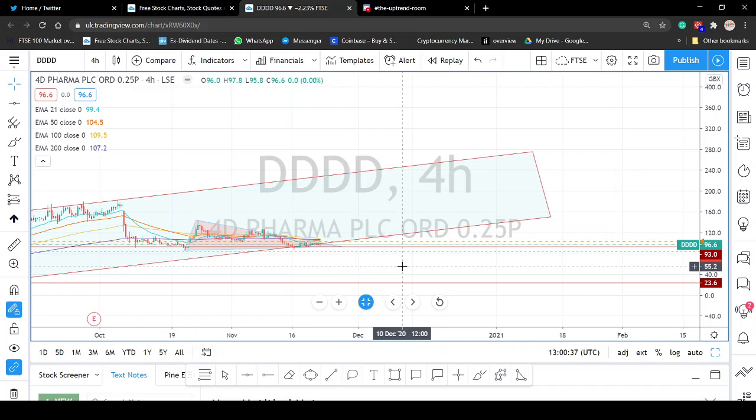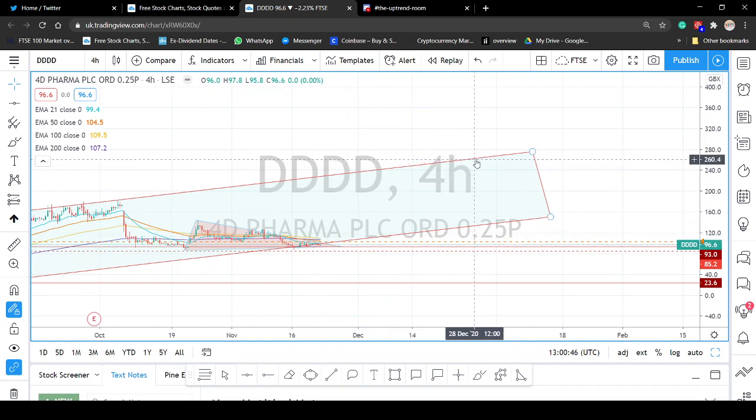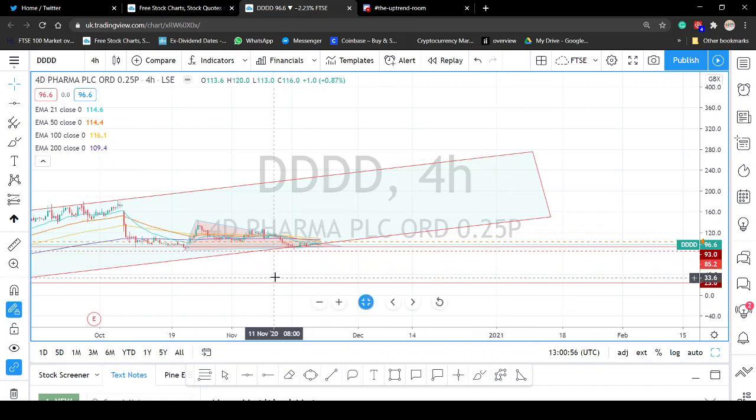Personally, I'm expecting this stock to find some support. We've got market structure up ahead, right? So in the medium to longer term, this stock might want to revisit 250 plus P. That's the way I see it.